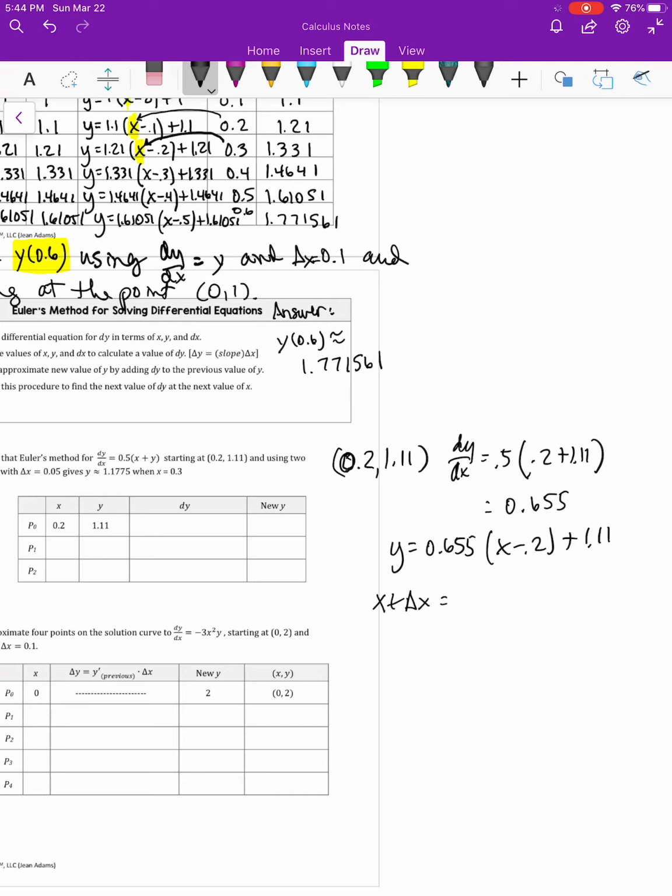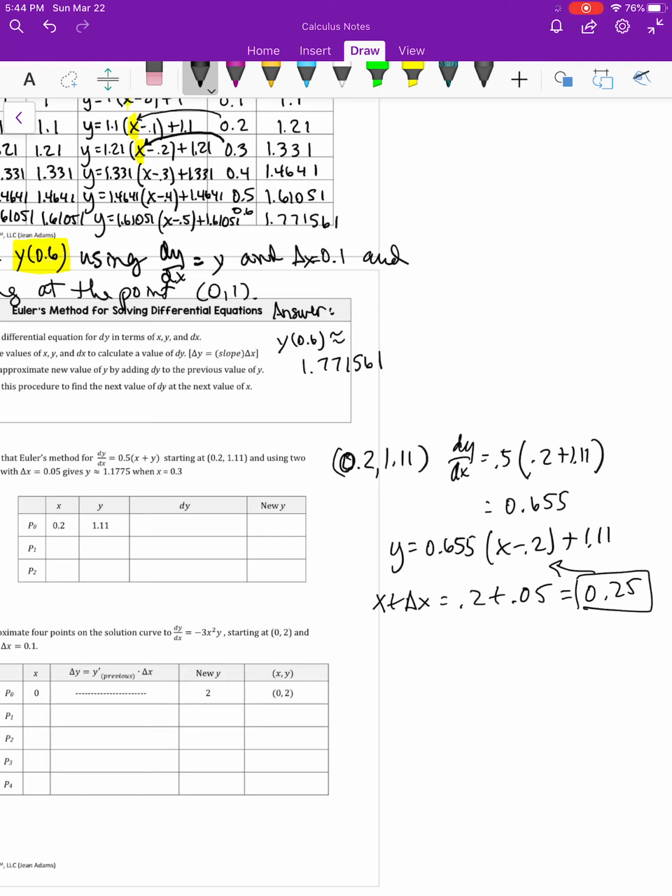So our x plus our delta x is going to be 0.2 plus 0.05, because that's our new delta x for this particular problem. So it's going to be 0.25. And then we're going to put this x value into this equation.